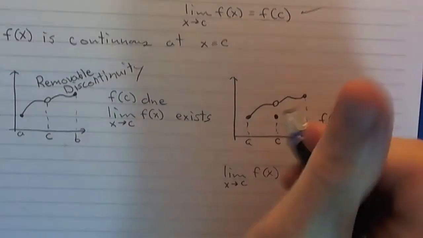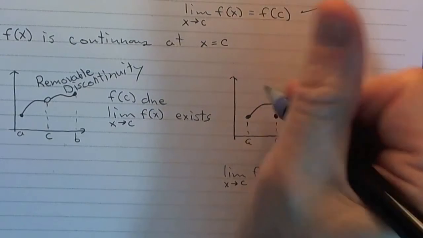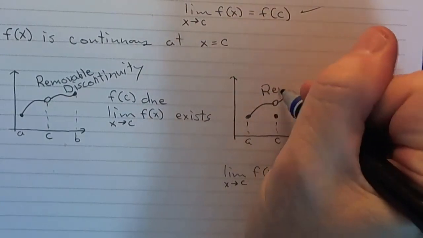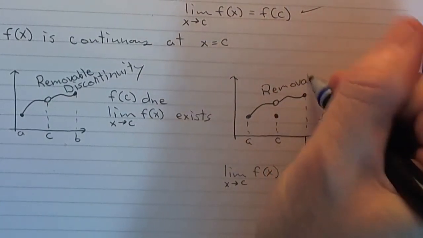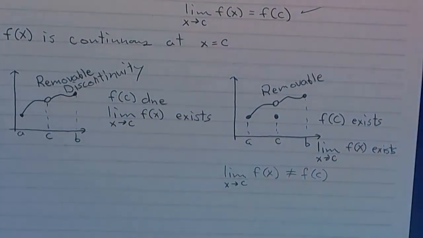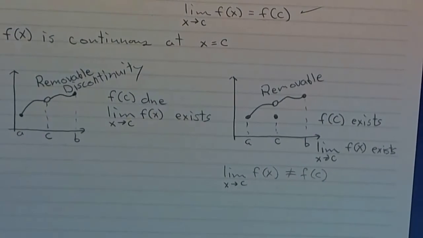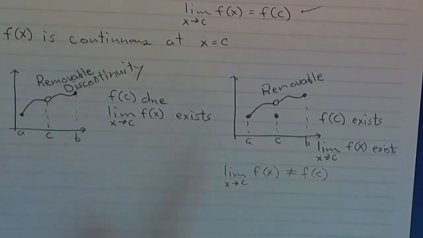And once again, notice I could fix this just by putting a point there. So this is said to be a removable discontinuity. A removable discontinuity. Okay, so we have two examples here of removable discontinuities.